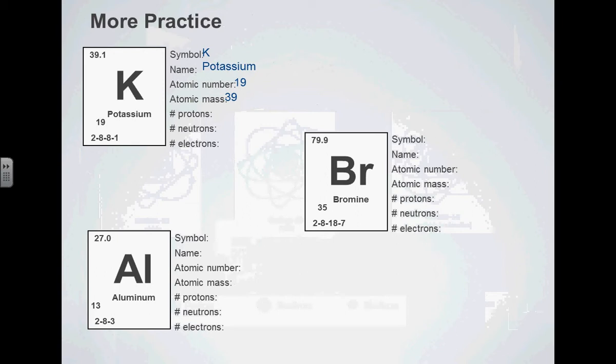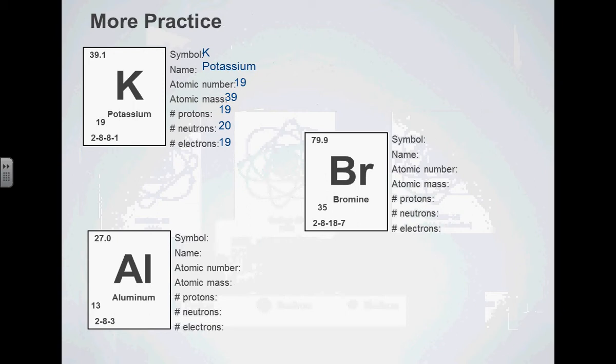How many protons does potassium have, Herschel? 19. Yes. How many neutrons, Veronica? 20. Yes, 20. Atomic mass minus atomic number. How many electrons, Chloe? 19. Is that clear, all of that?